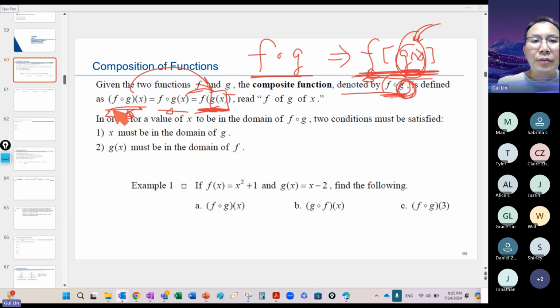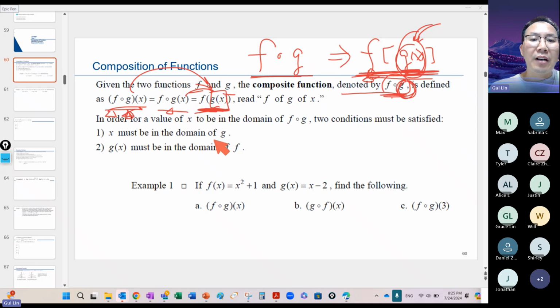Something to be careful about here: two conditions must be satisfied. That's important.